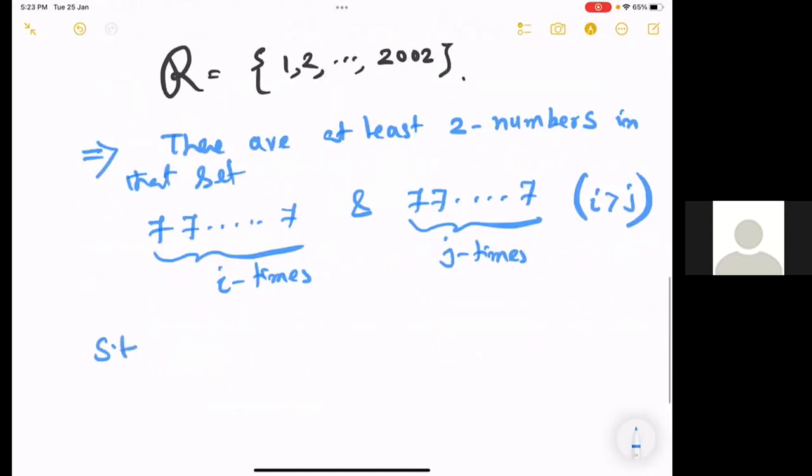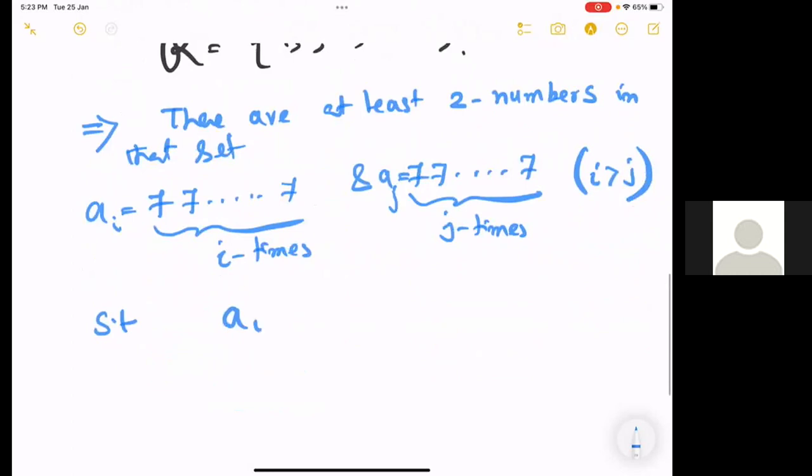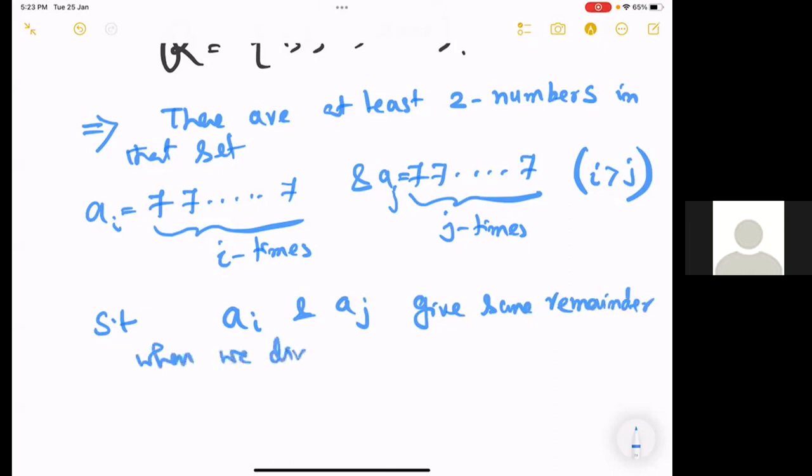Let's call them A_i and A_j, right? Such that A_i and A_j leave the same remainder when you divide by 2003.